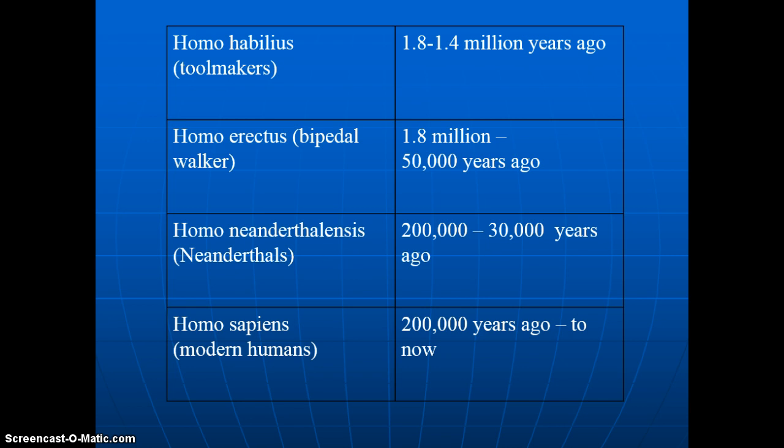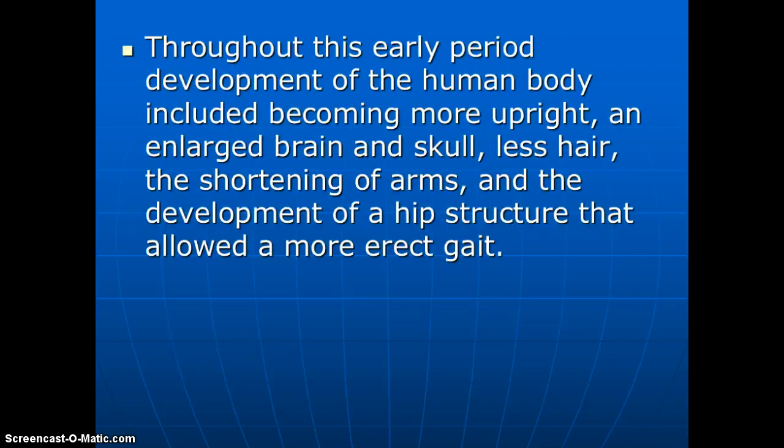It's not clear what happened to Neanderthals, but sometime around the time when Homo sapiens were on the rise, they went out of existence. And if you've looked at pictures before, you know that the human body during this time is becoming more upright, larger brain, less hair, shortening of arms, and a hip structure that allowed these organisms to stand upright.